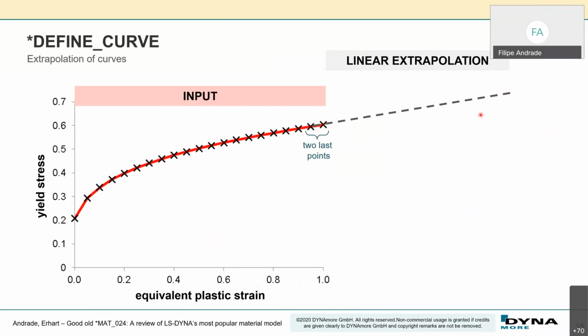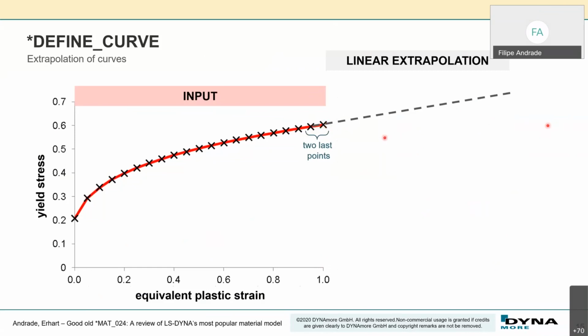If you want to enforce a horizontal line for the extrapolation, you need to choose these two last points in such a way that the slope is horizontal as well. And again, because of the rediscretization, if you want to do this, don't just add a point at 2, because otherwise LS-DYNA will also rediscretize this zone between 1 and 2, and you don't really want that.